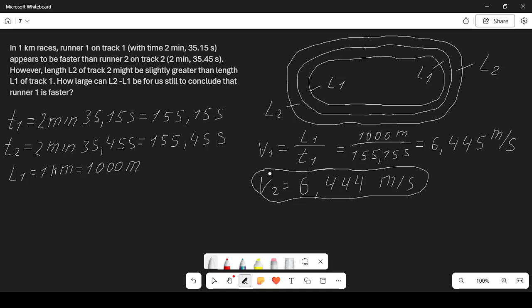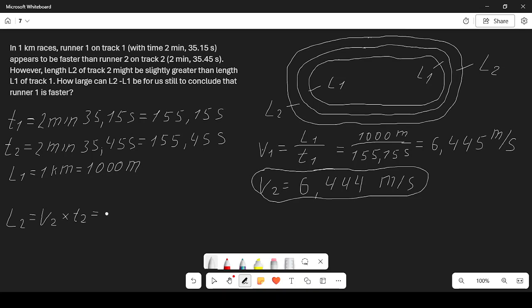And we know the time he was running, so we can find the distance he could cover in this time running with this speed. Okay, let's do this. L2 equals speed 2 multiplied by time 2.